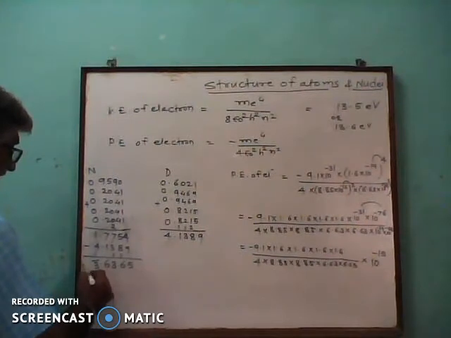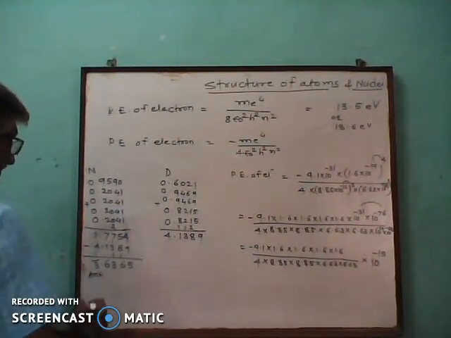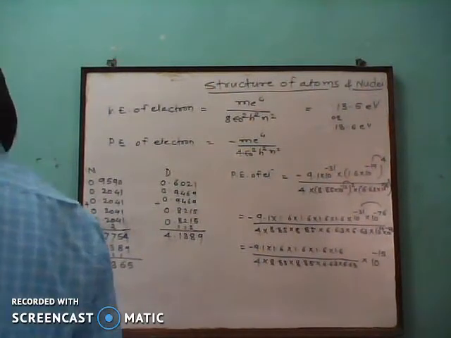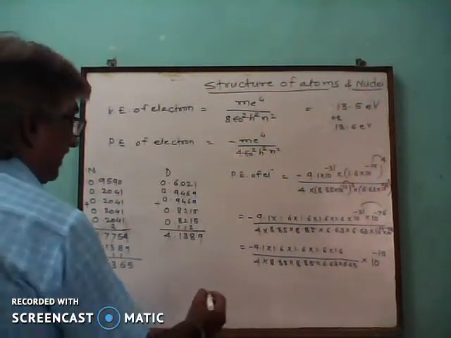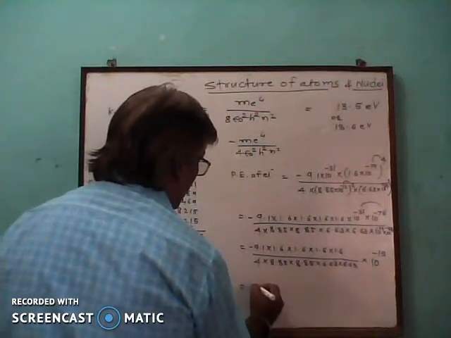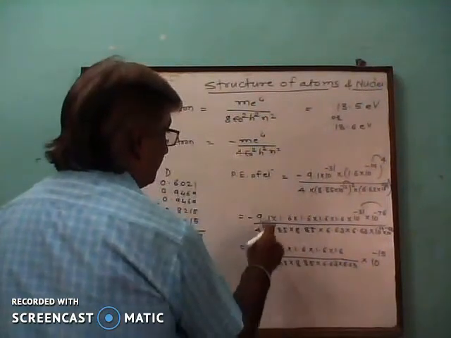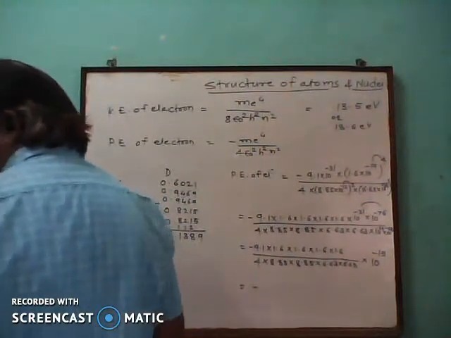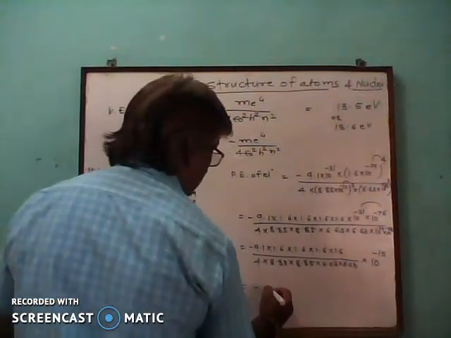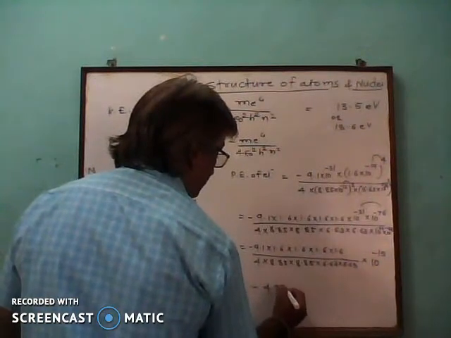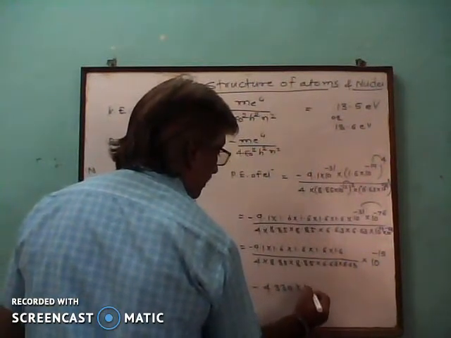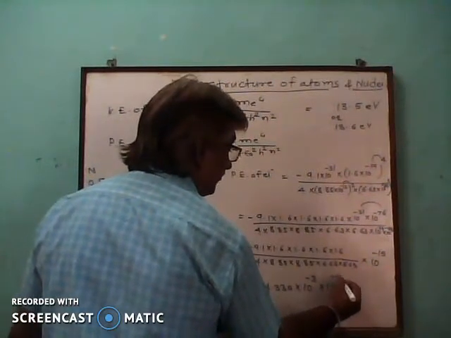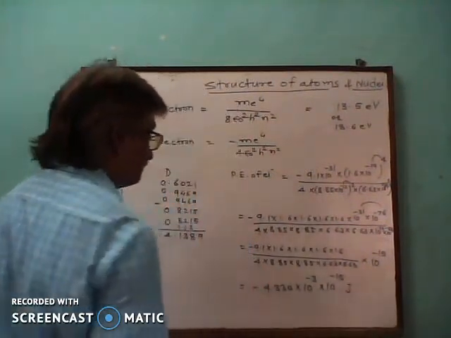Take antilog for 0.6365. Its antilog will be 4.330 into 10 to the power minus 3, into 10 to the power minus 15 joule.